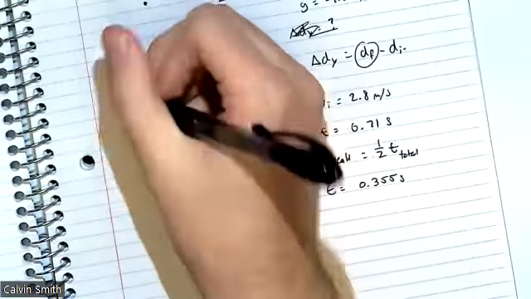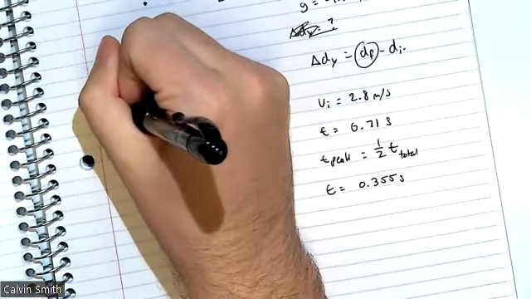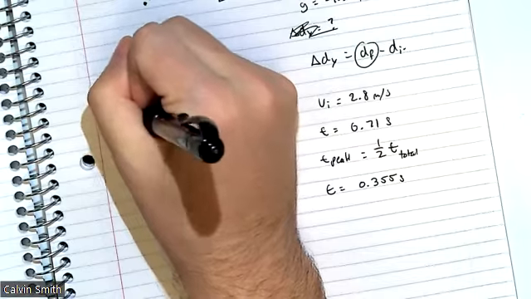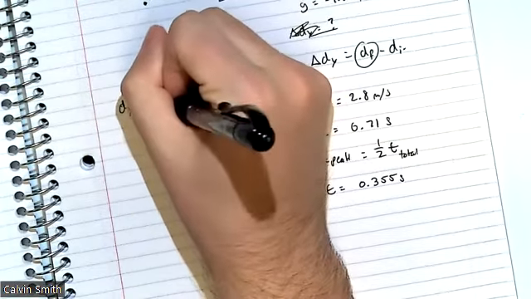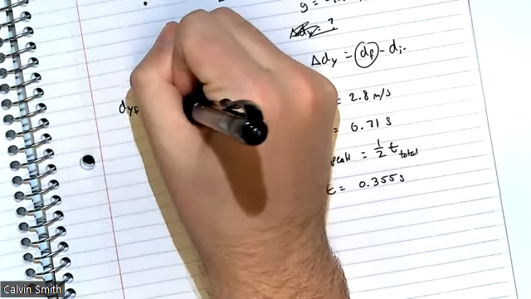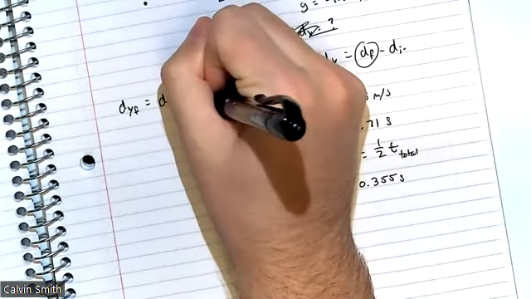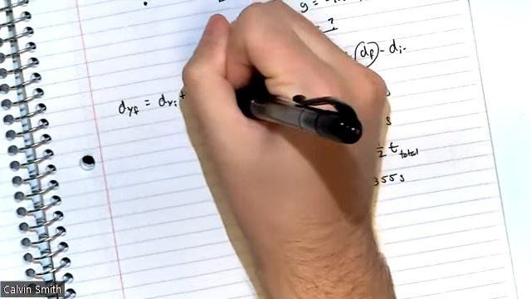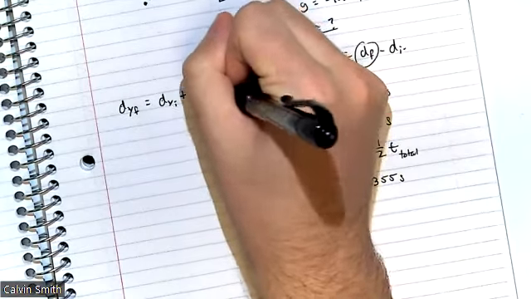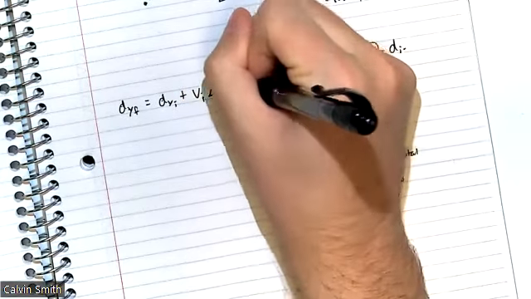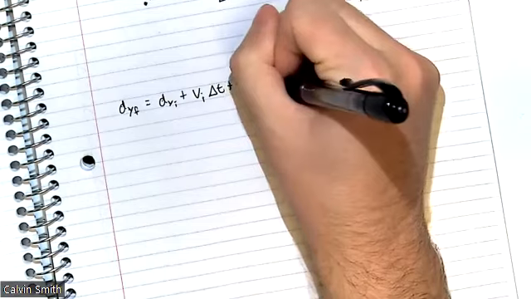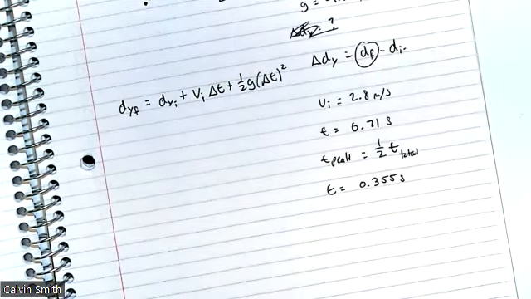Then using a handy dandy equation, d sub y final is d sub y initial plus initial vertical velocity times delta t plus 1/2 g delta t squared. So just another plug and chug.